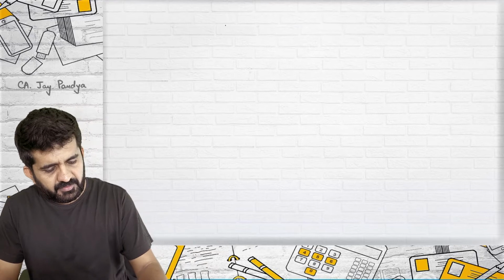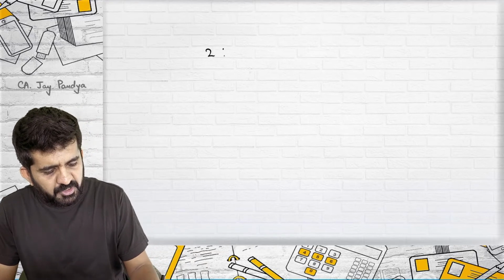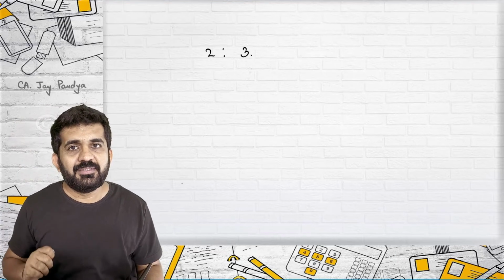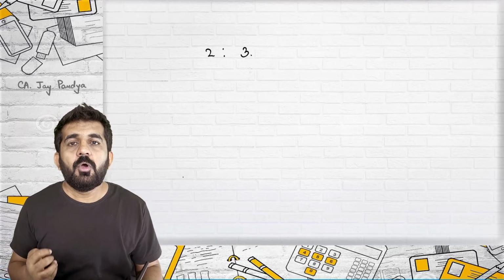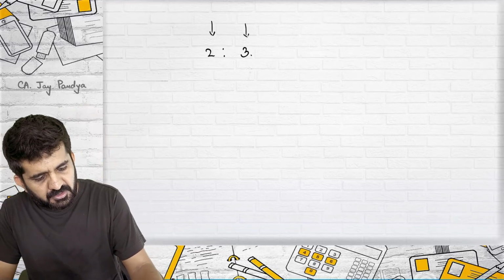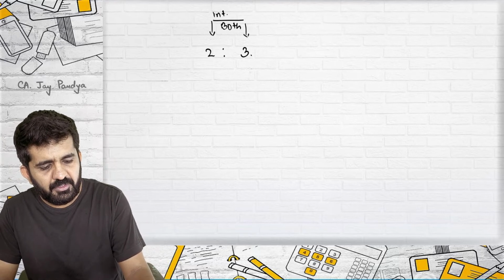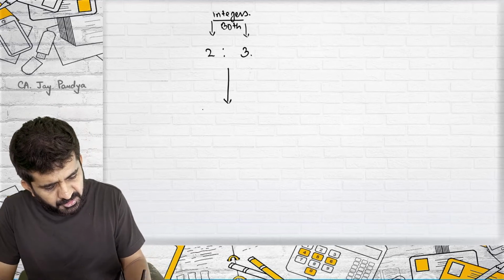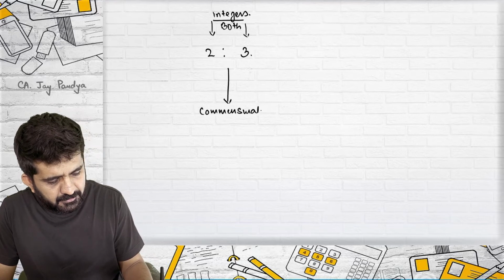Next point. If the ratio is denoted, say, 2 is to 3. Now both the first term, that is antecedent, as well as the consequent, both are integers. If both are integers, then this ratio is termed as commensurable.